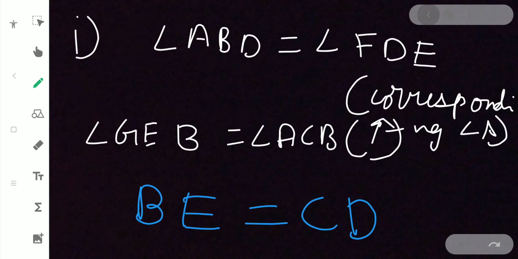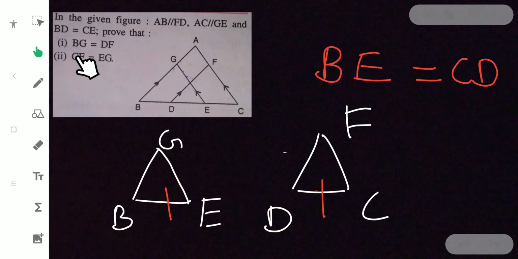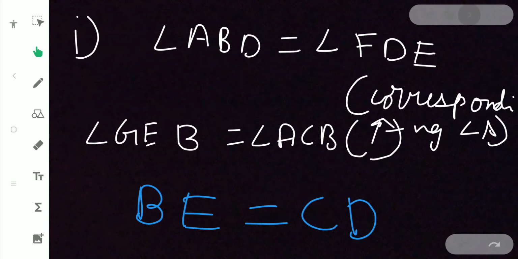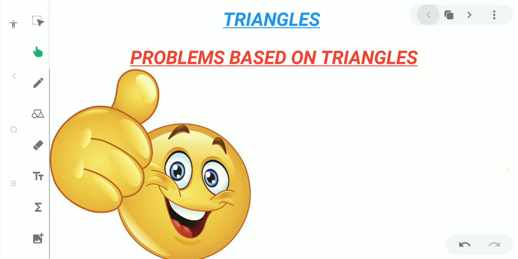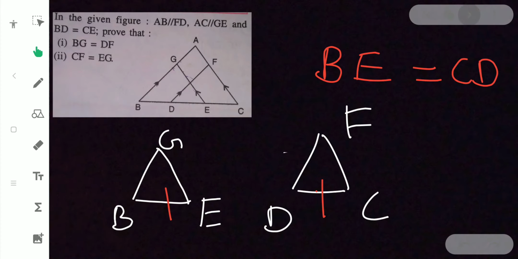So now they asked to prove in the question BG is equal to DF. As these two triangles are congruent, I can write BG, that is this one, BG is equal to DF by CPCTC.